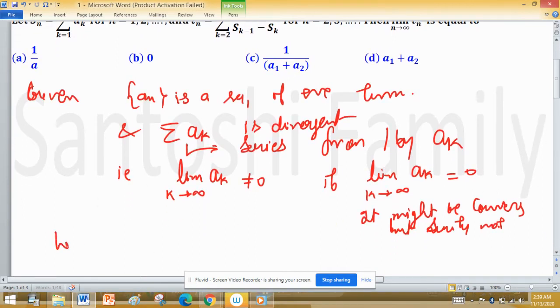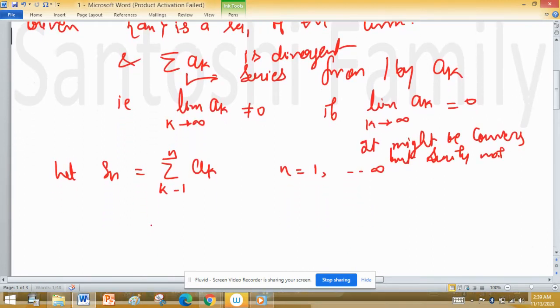Let Sn be a sequence of partial sums defined as the sum of ak with k running from 1 to n, for n equal to 1 to infinity, and another sequence of partial sums Tn is defined as summation k equal to 2 to n, here k equal to 1 and here 2, of ak divided by sk minus 1 sk.